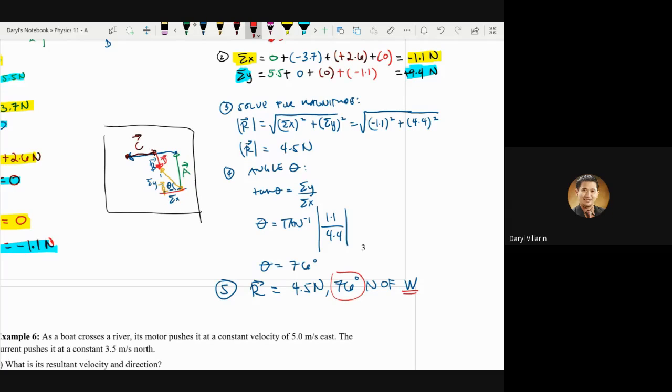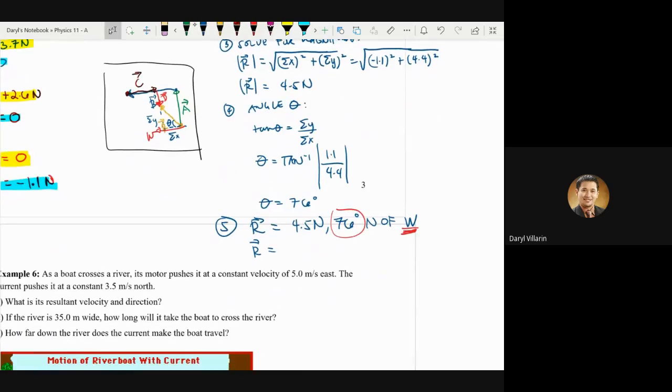If you can see here, this is west. That's the reason why. But this is relatively the same: 4.5 newtons, 14 degrees west of north. Either of the answers is acceptable.